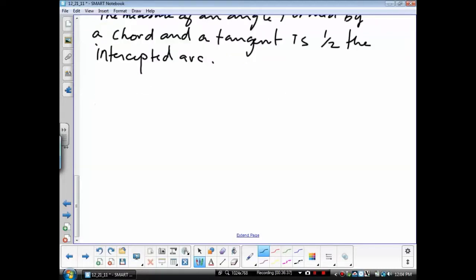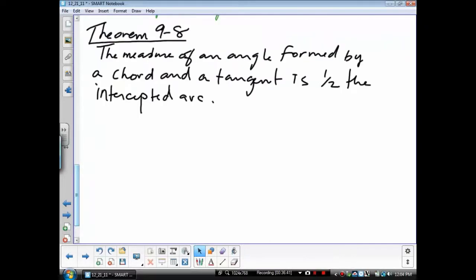Now, what we have here is, again, three cases because of where the center can lie. Our first case, which is the easiest case, is if the chord is a diameter.